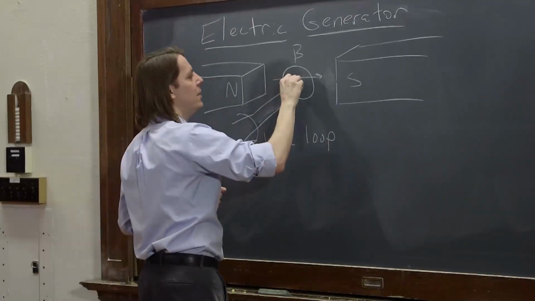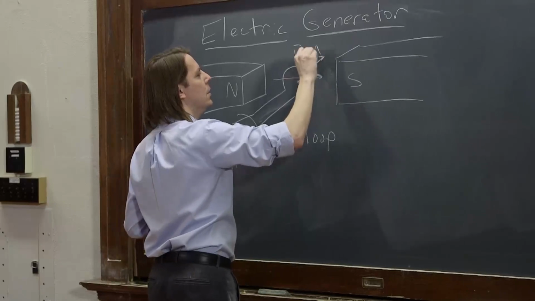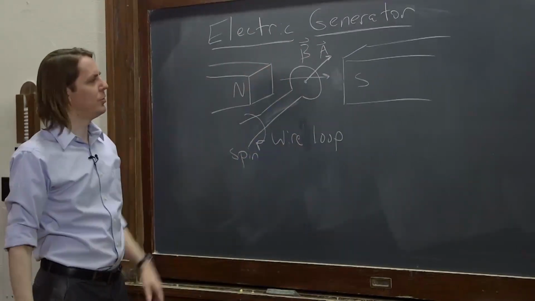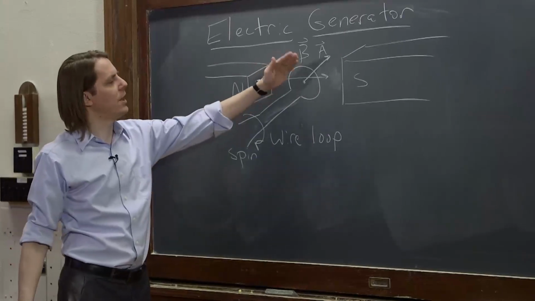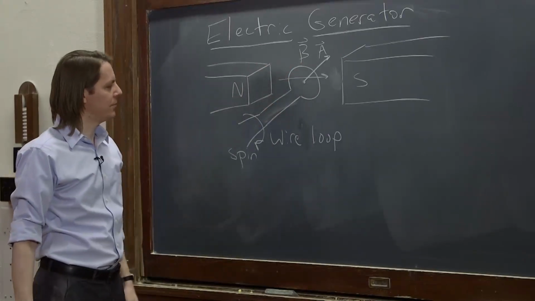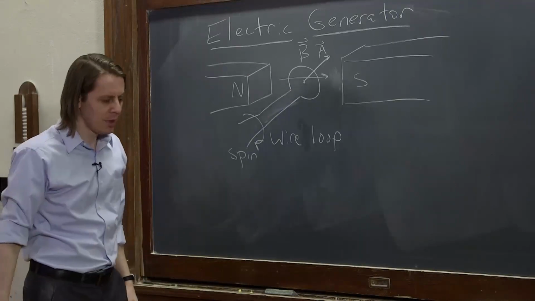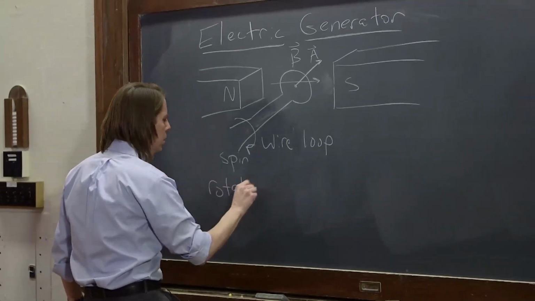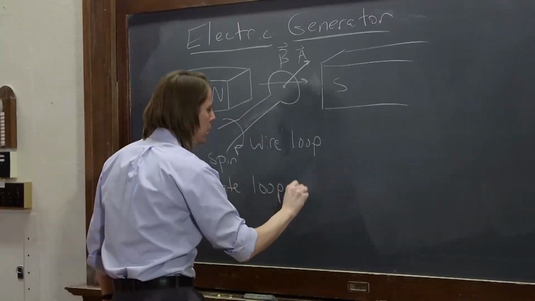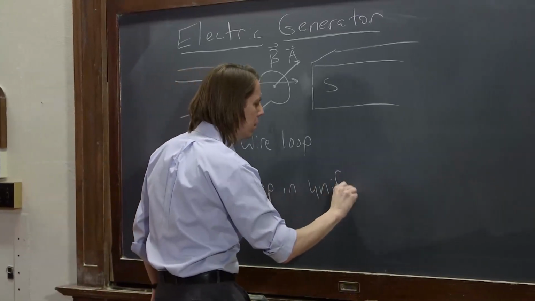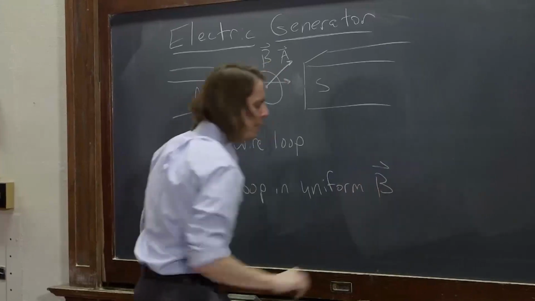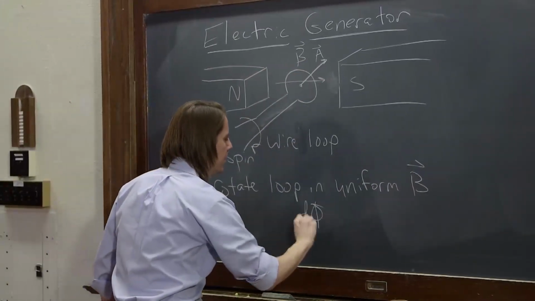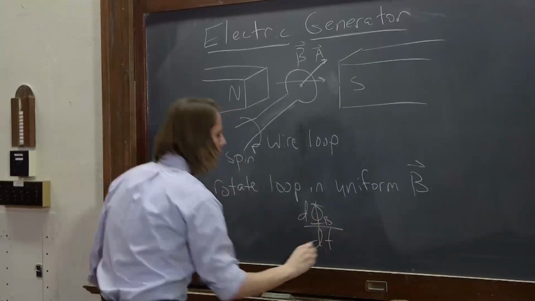So as it spins, its area vector, A, will rotate in between the two magnets, so the vector A will rotate with respect to the magnetic field direction of B. So if we rotate the loop in a uniform B, then we know we will get a dΦ_B/dt.